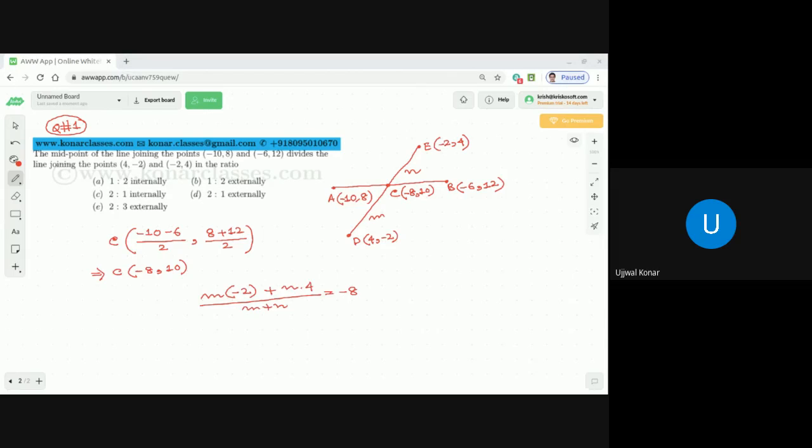You will get that m by n is equal to -2 by 1. And as it is negative, you can say that it is divided externally. The negative sign says that it is an external division. So we can say that option D is the correct one.